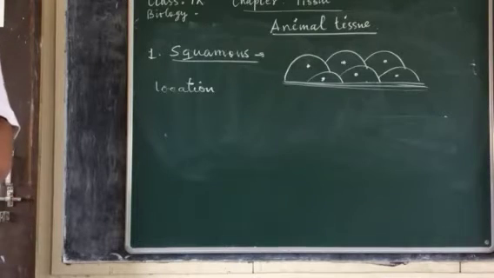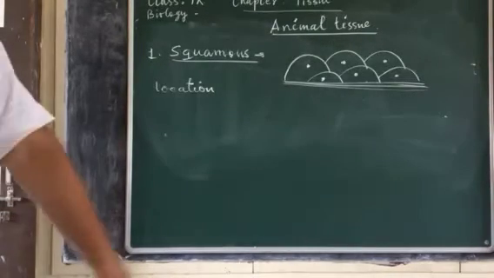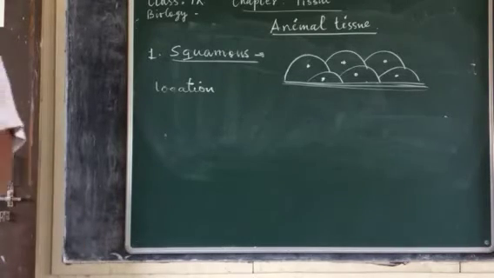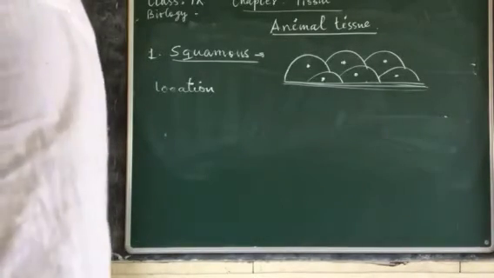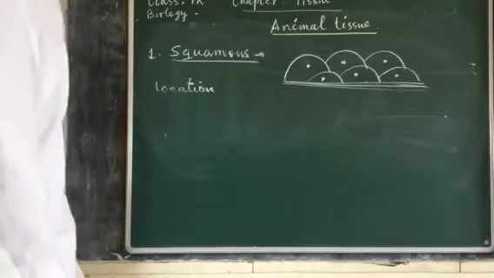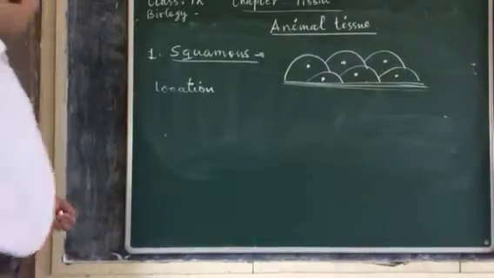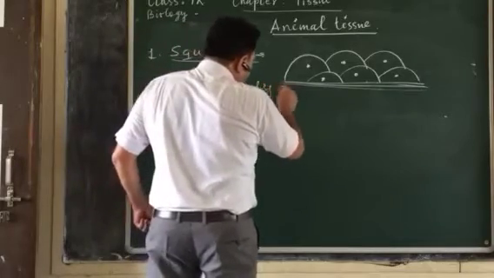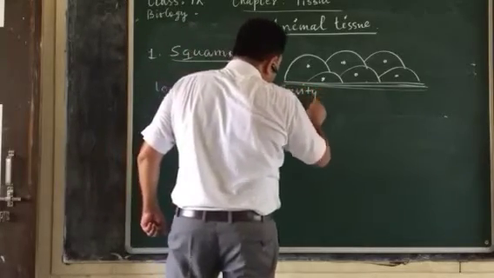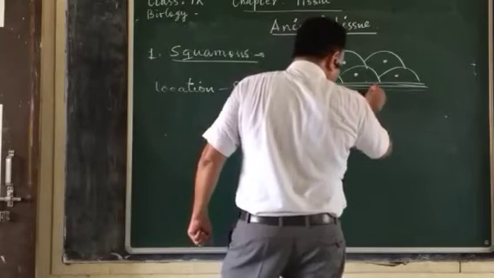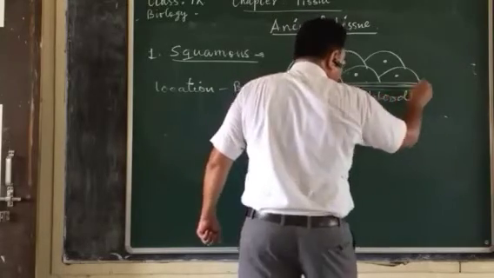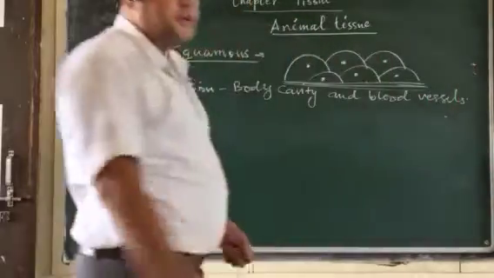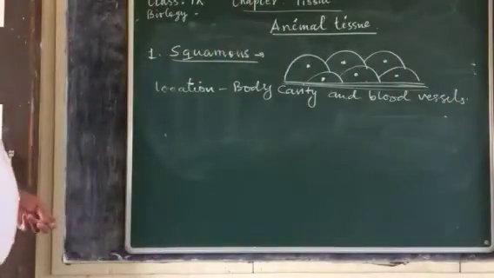Either this kind of questions are being asked for 1 or 2 mark question, nothing else. But many are getting confused when it is being asked. They are present on the body cavity and blood vessels. They are present on the blood vessels.